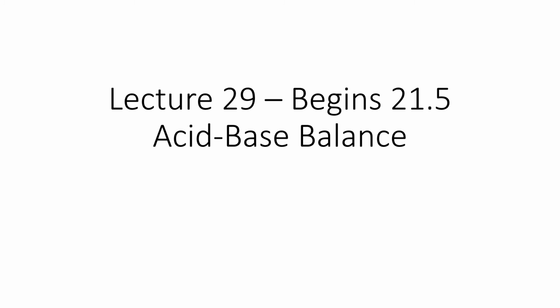H2CO3 again is carbonic acid. The third box down then, by definition, since we've produced an acid, this acid will now release hydrogen ions when it goes into solution. So the carbonic acid, the H2CO3, releases hydrogen ions.